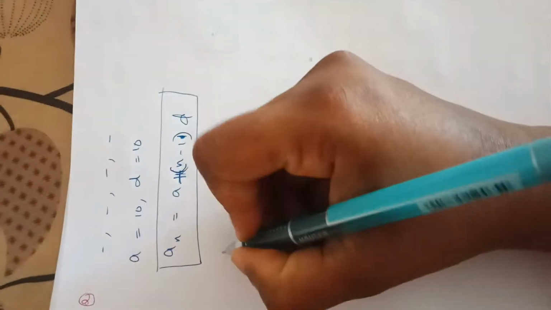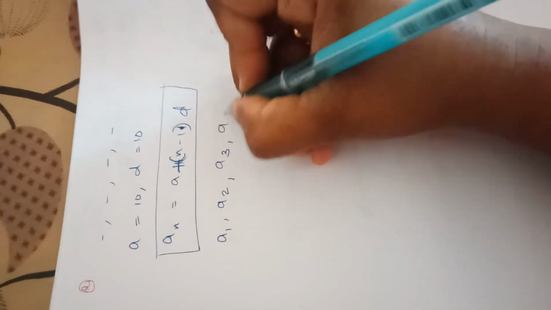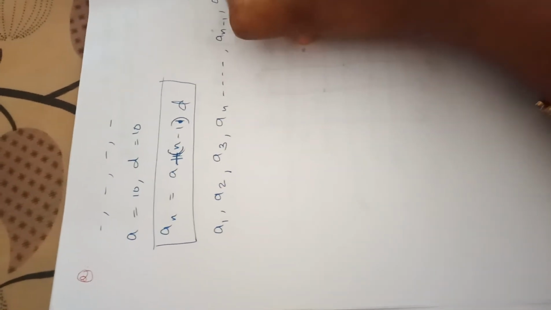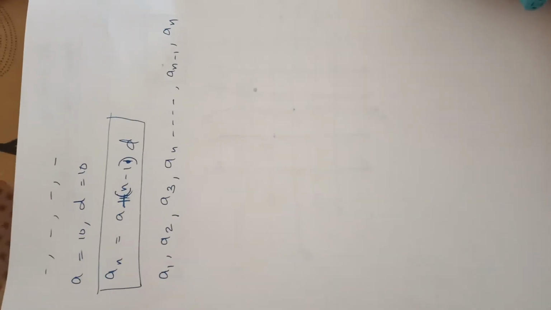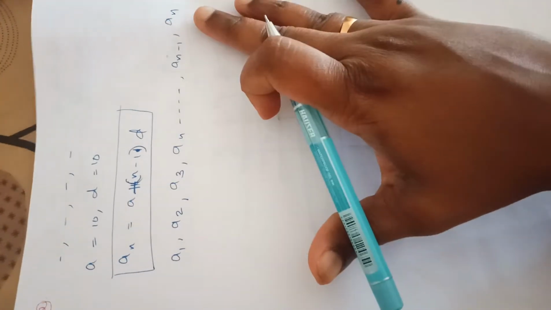How does it come? Because I already told you: A1 first term, A2 second term, A3, A4, till AN minus 1, AN. This is the general form of an AP. A1, A2, A3 and continuing till AN.